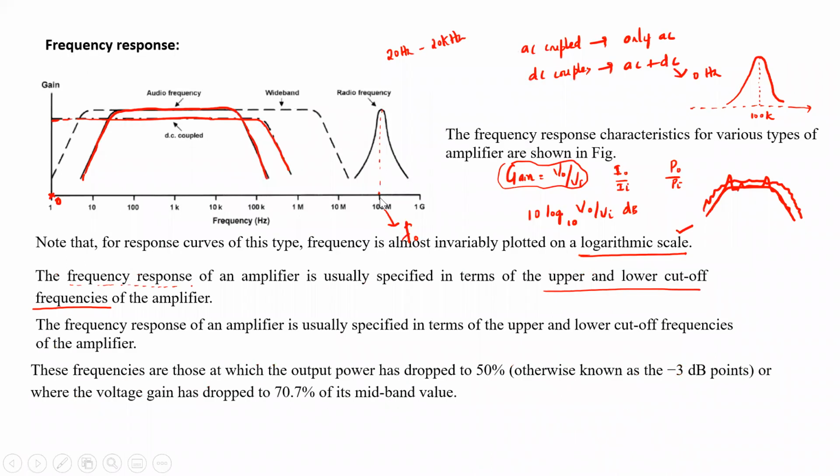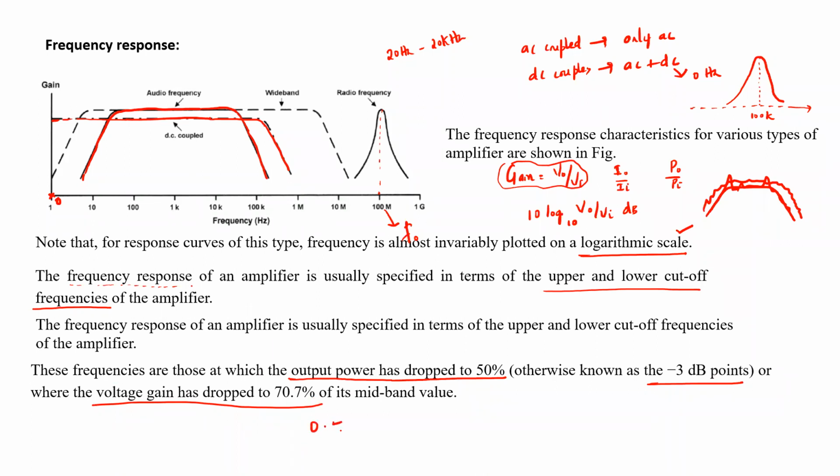Is this understood? That is what the previous slide is saying. These frequencies are those at which the output power has dropped by 50%, otherwise known as minus 3 dB points. For the power, it drops by 50%, whereas the voltage drops by 29.3%, leaving 70.7%.